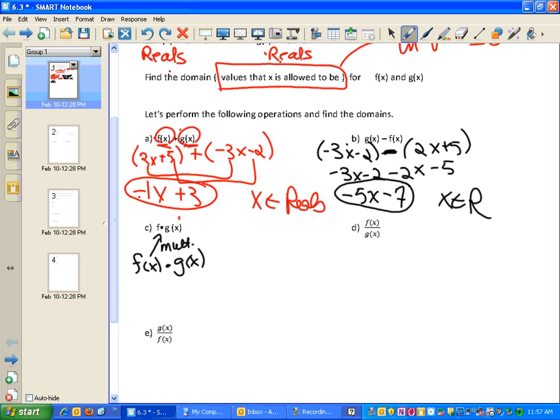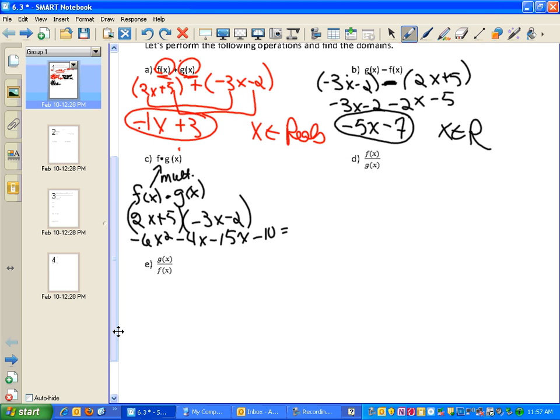And so I'm going to take 2x plus 5 and multiply it by negative 3x minus 2. And so we're going to FOIL. Would you agree? Negative 6x squared minus 4x minus 15x minus 10 gives me a final polynomial of negative 6x squared minus 19x minus 10.